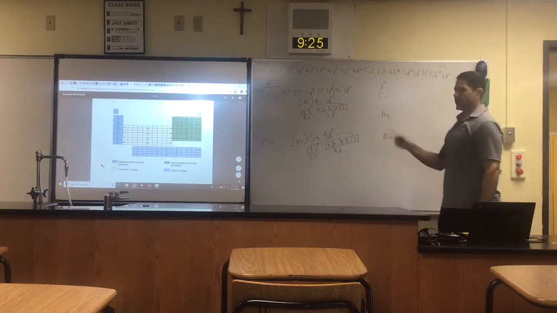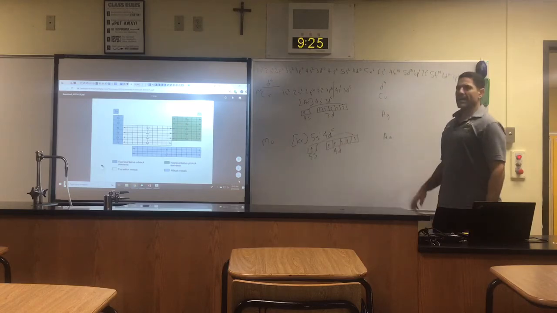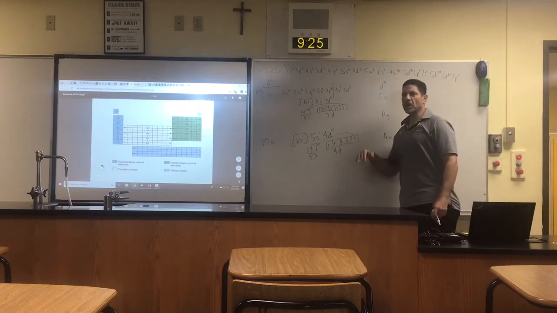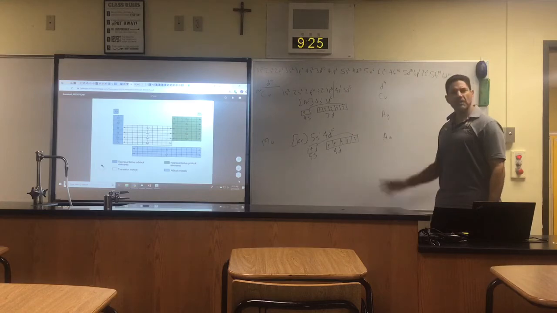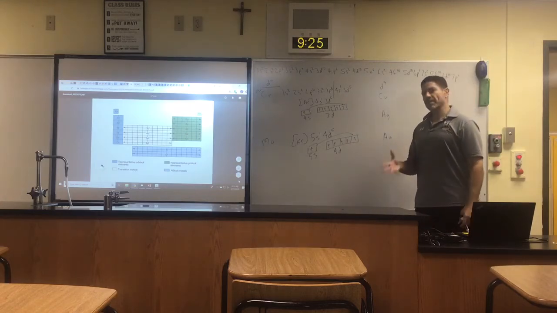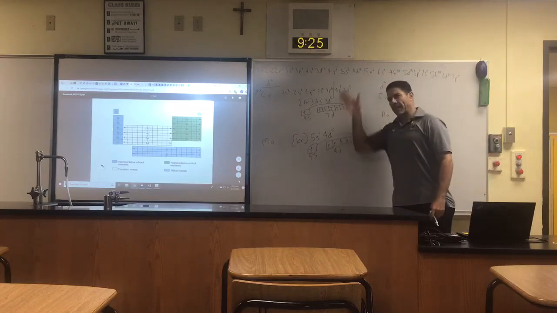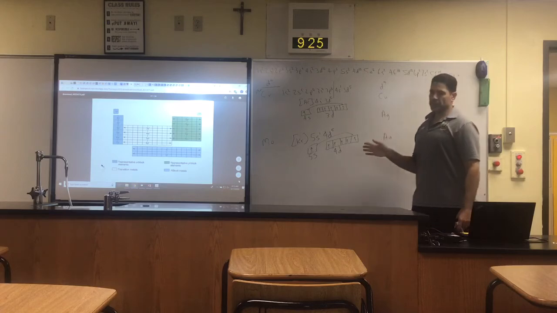That's the actual electron configuration of molybdenum. Same reason as chromium. Now, for some reason, tungsten, who's underneath molybdenum, doesn't follow this pattern. Tungsten actually follows the normal pattern as expected, which is odd.